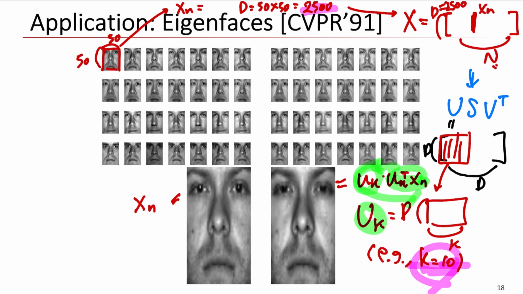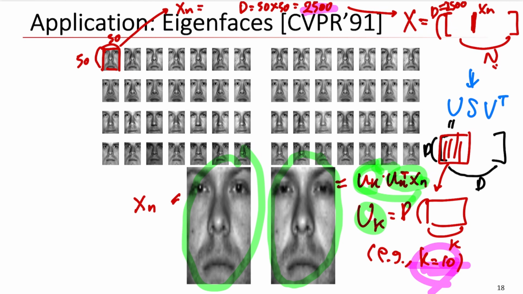So these are the reconstructed images. Compared to the original image, the reconstructed images approximate the original images well. So the PCA algorithm is powerful for compression and reconstruction.